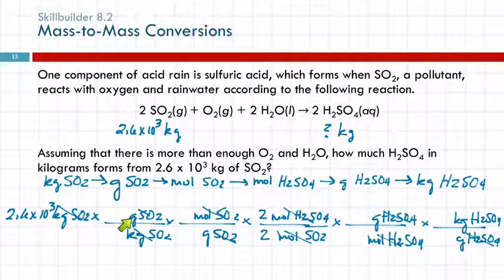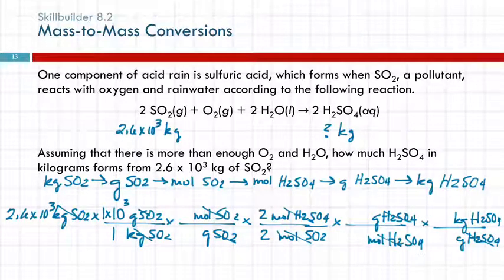Then I've got grams and kilograms. Kilo means 10 to the what? 10 to the plus 3. So kilos in the denominator, I'm going to put what it means in the numerator. 1 times 10 to the third grams is 1 kilogram.